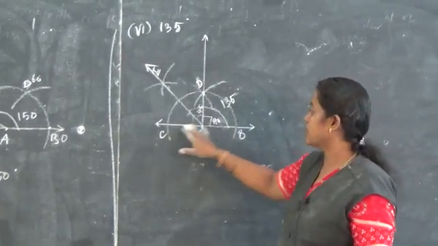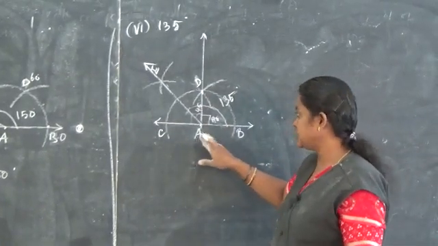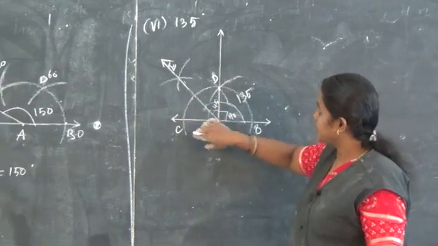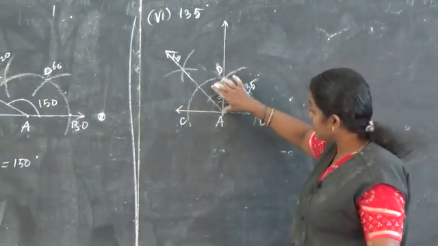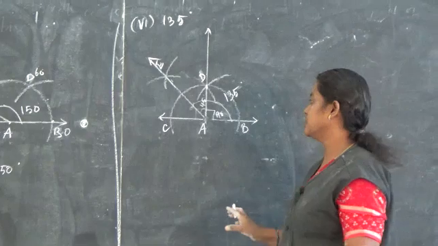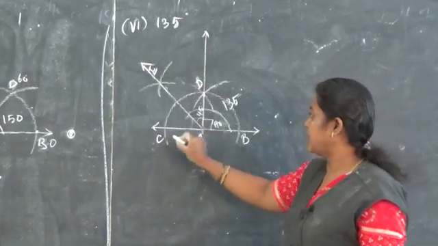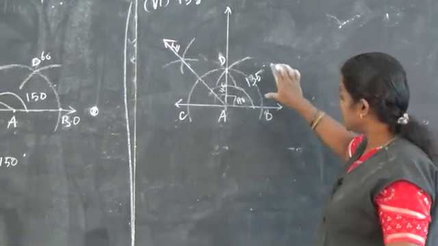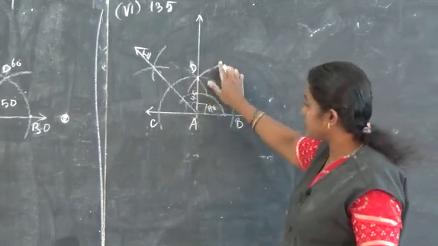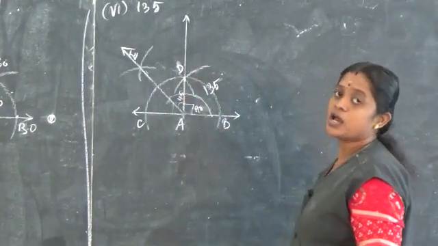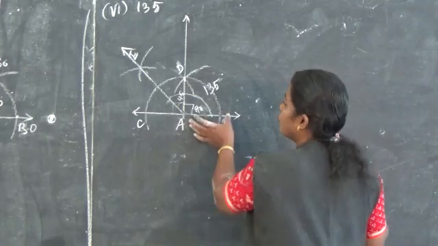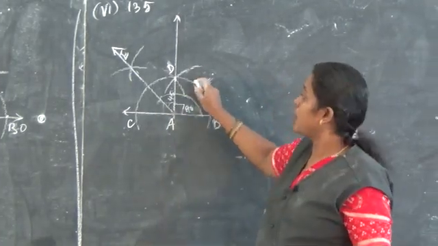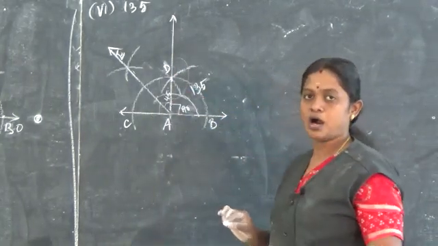Draw a line, mark a point A on it. Then with any convenient radius, you can draw one semicircle. It cuts the line at B and C. After that, without changing any measurement, B as a center, draw one arc, C as a center, one arc. Or else, we can take more than half for drawing these two arcs.